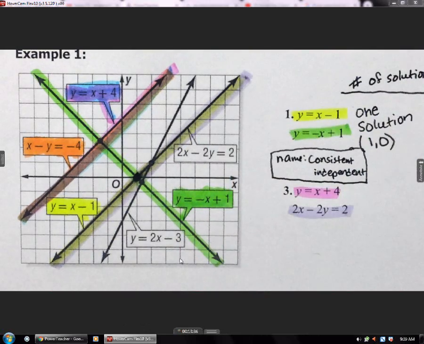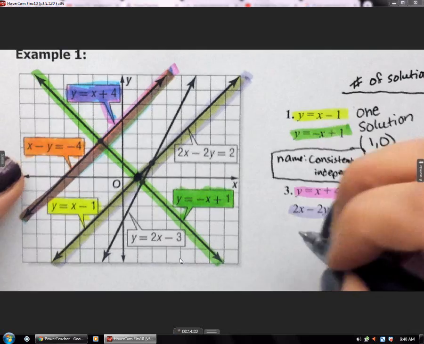What about those two graphs? My pink and purple. What type is that? They're parallel, and what type is that? I'm looking for the word inconsistent. I'm looking for the terminology. Inconsistent.